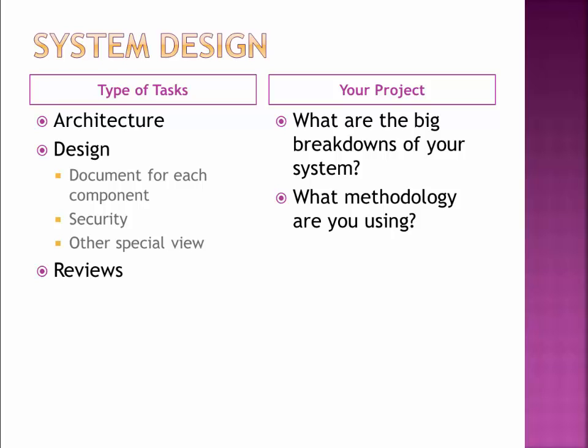It could be components like database or web services or something like that. More likely it's going to be, I'm going to design the features for managing inventory. I'm going to design the features for reporting on sales. Something along those lines. But there could be security views or other special views inside of there as well.